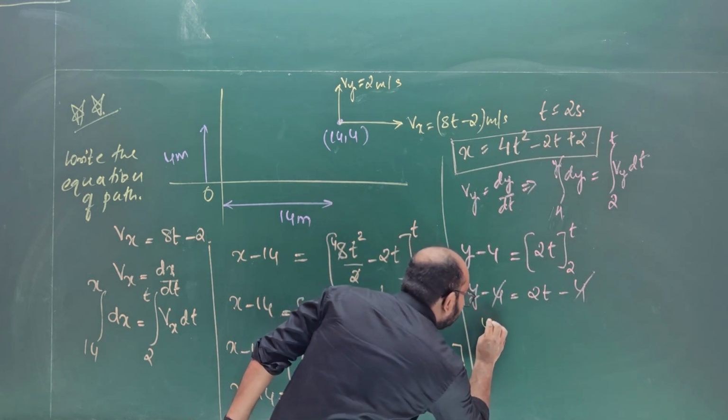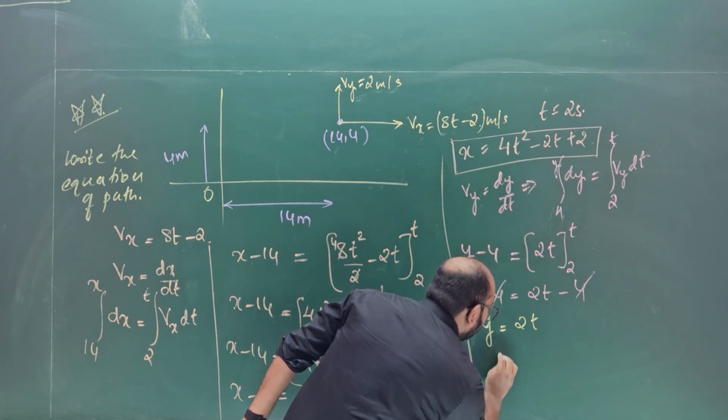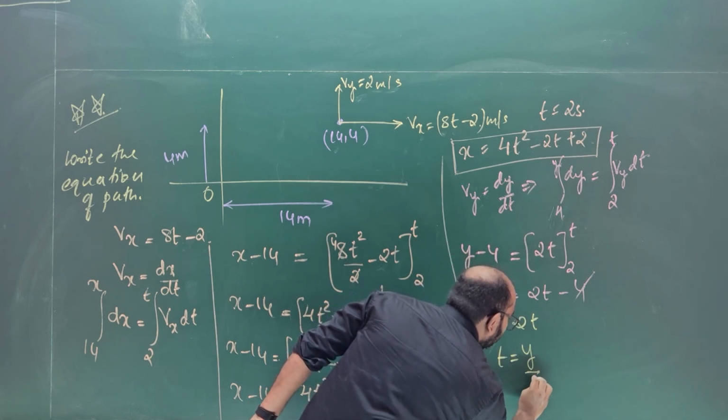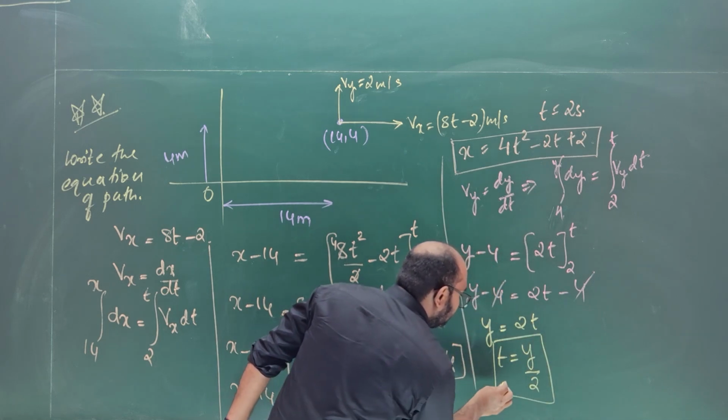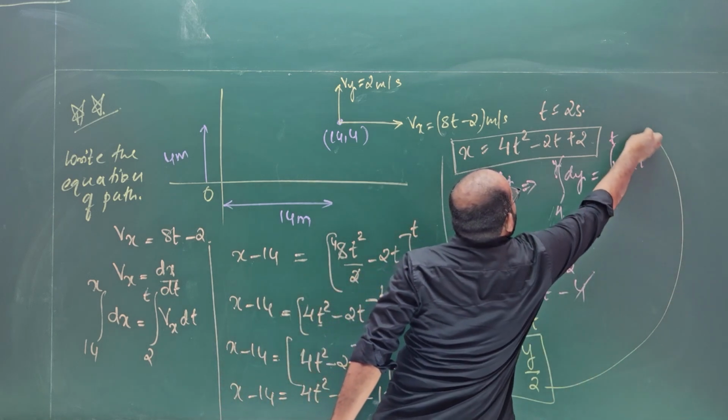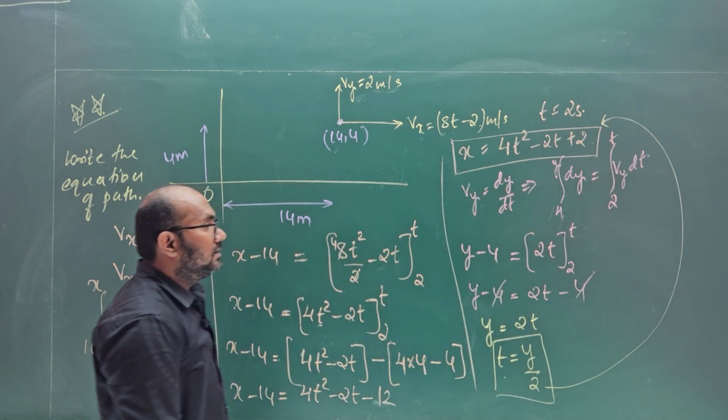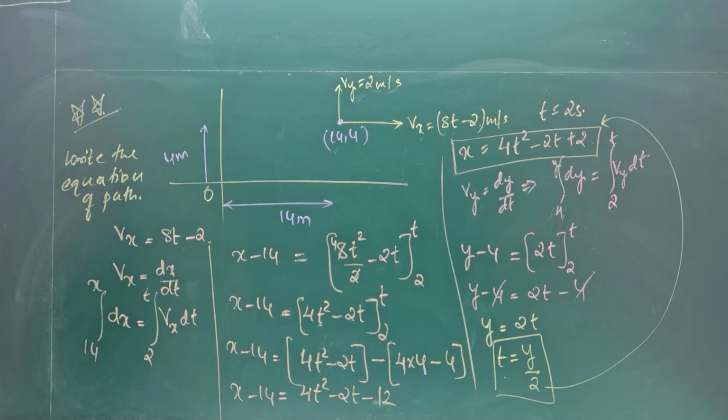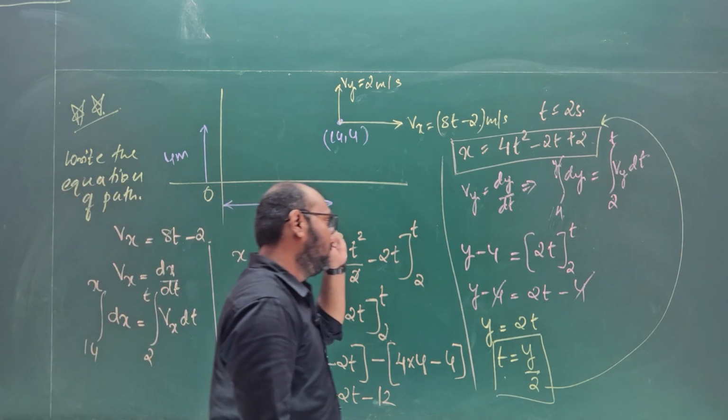Okay. Then y is what? y is 2t, so t is what? y upon 2. Substituting this value in this equation. Substitute and tell me that is your answer. Okay.